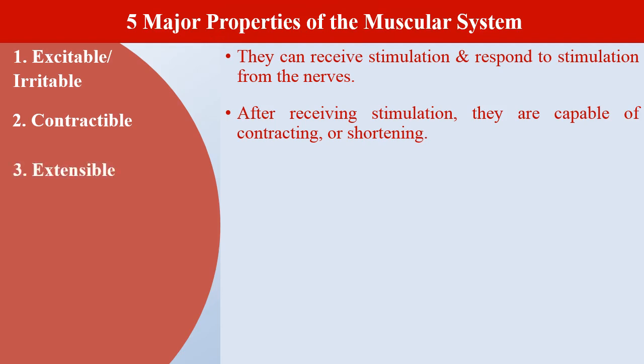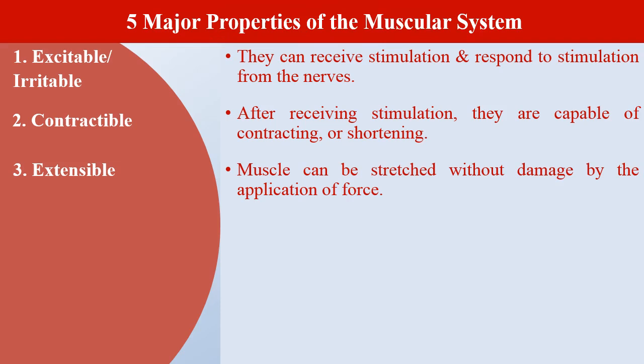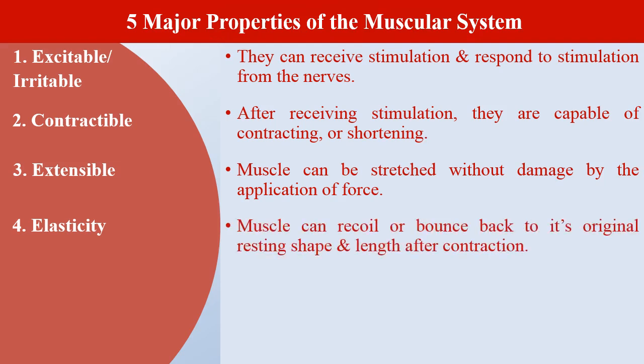Muscles are extensible. It means muscles can be stretched without damage by the application of force. Muscles have elasticity. It means muscles can recoil or bounce back to its original resting shape and length after contraction.